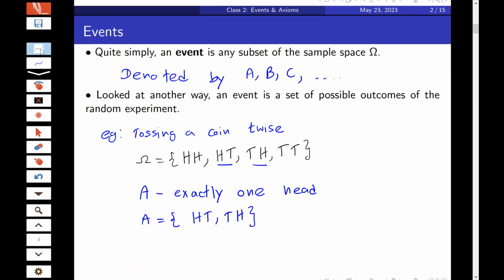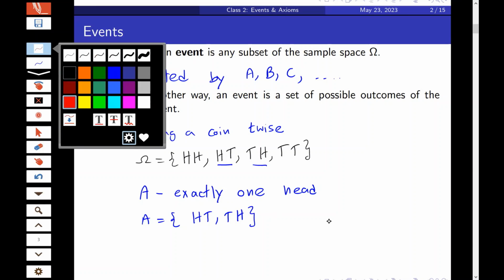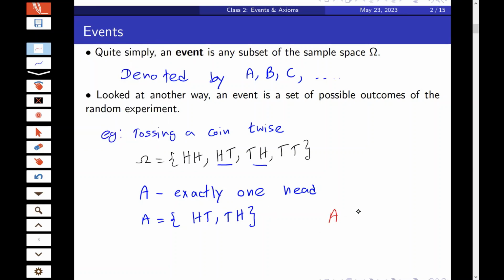In other words, we can write that A is a subset of omega. This is the mathematical notation for subset.